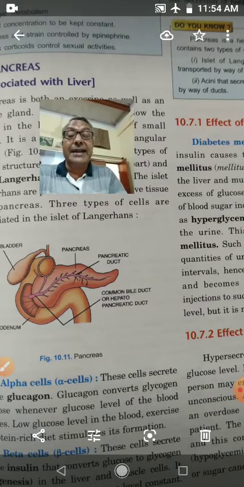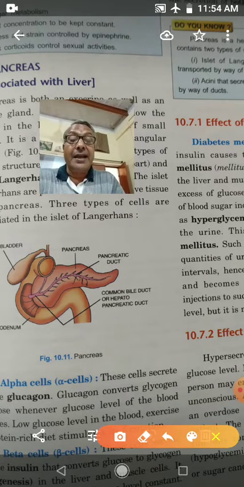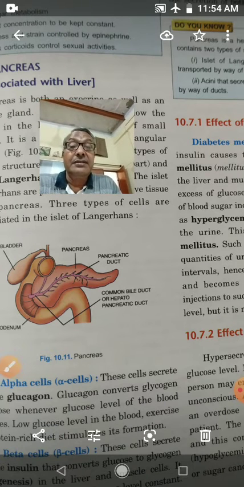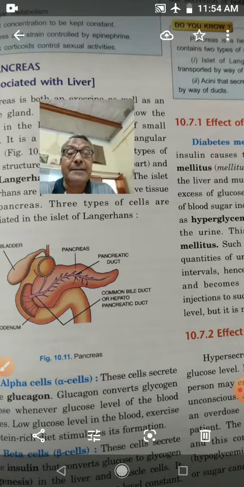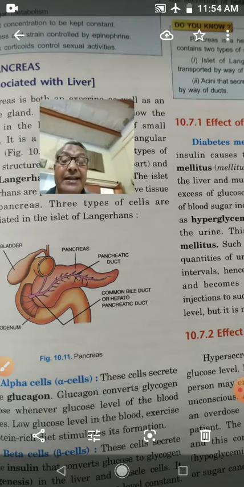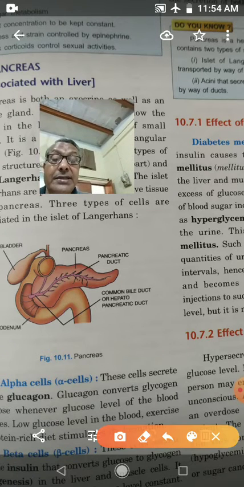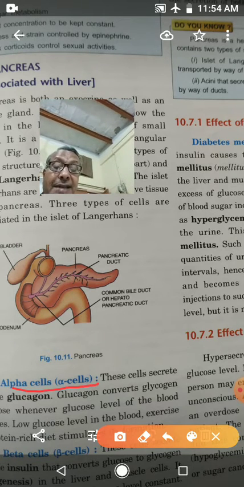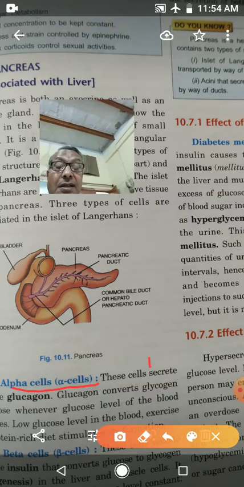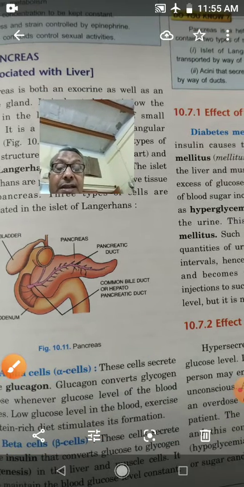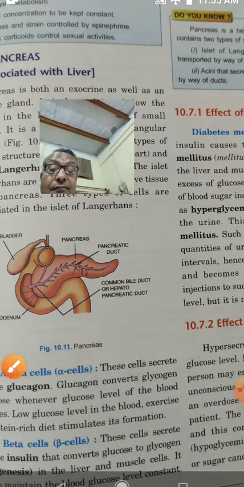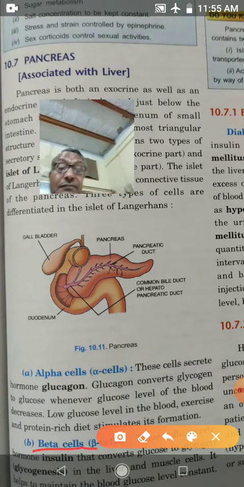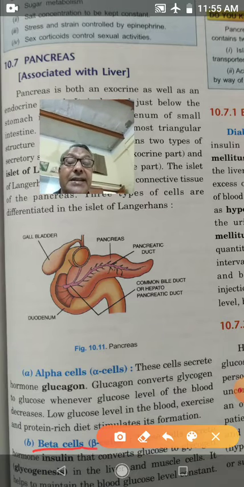So in the pancreas, islets of Langerhans are present, and three types of cells are present in them. One is alpha cell, second is beta cell, and third is delta cell.